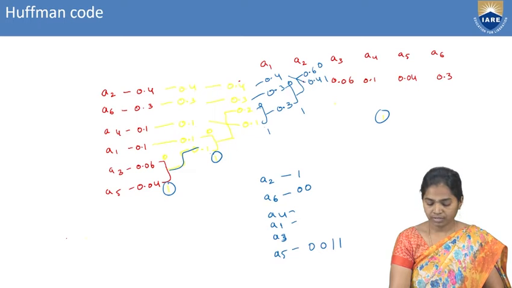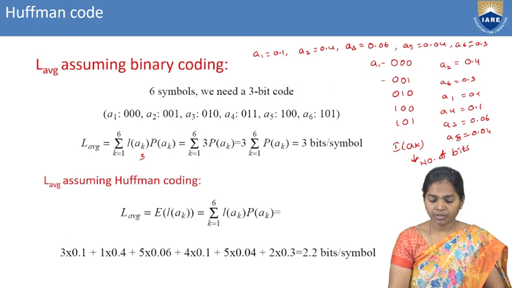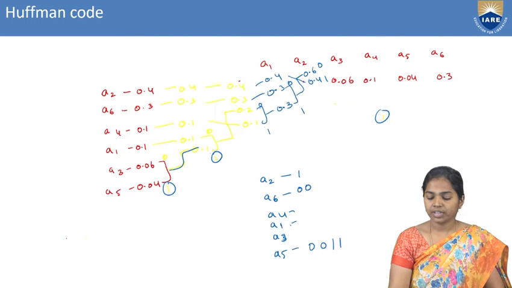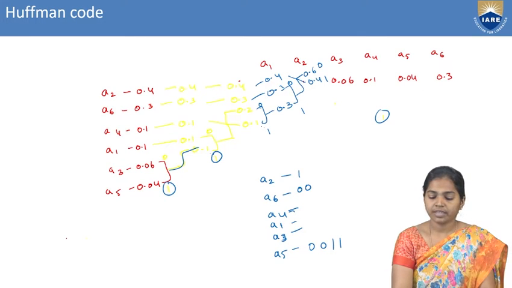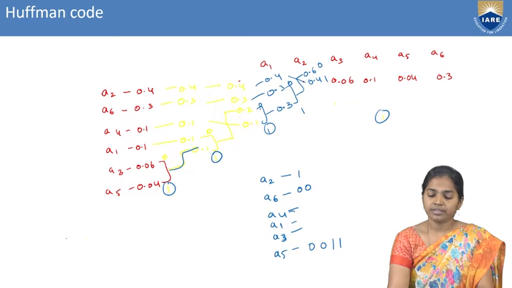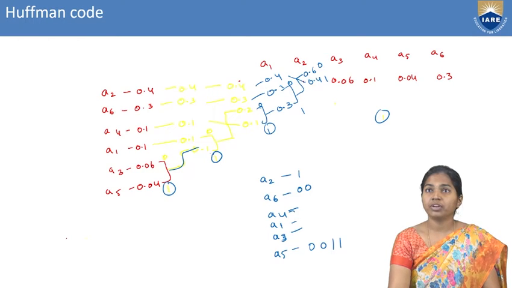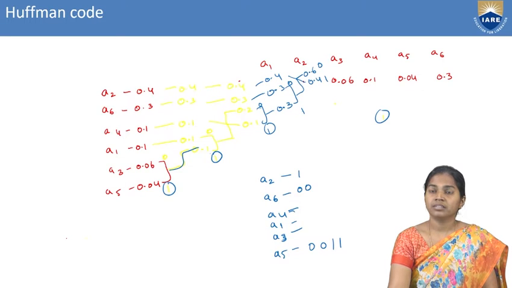Then for A4, here it is 1, and 0.2 plus 0.1, it is 0.3, 1, 1, 0.